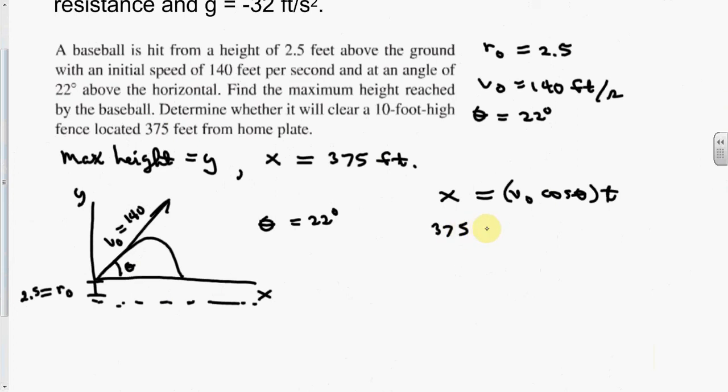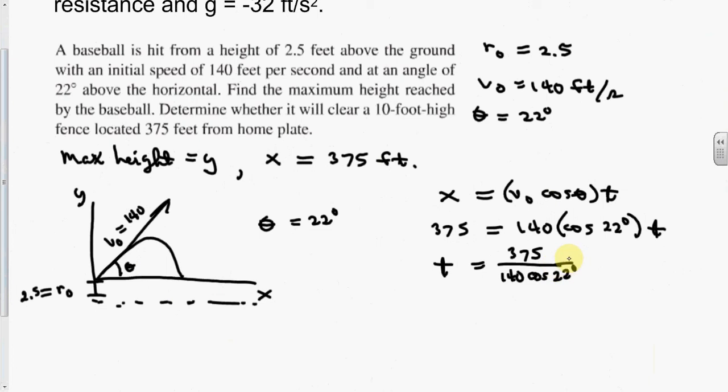So 375 is equal to the initial velocity of 140 times the cosine of 22 degrees, times t. And from there, we can solve for t. So t is equal to 375 over 140 times the cosine of 22 degrees.